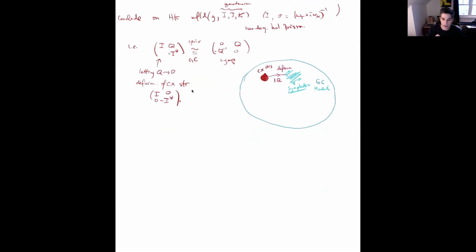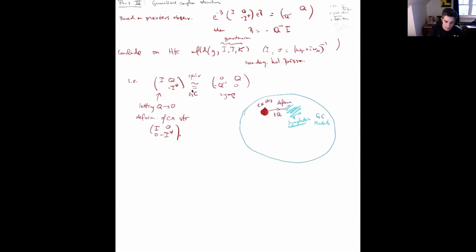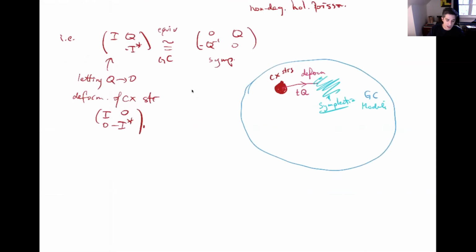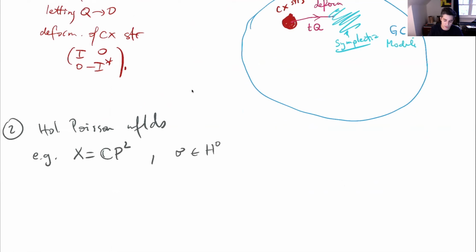And the second example that I want to give, so the first thing is about hyperkähler manifolds, but the second thing is about holomorphic Poisson manifolds. For example, suppose that we took a complex surface, CP2, and suppose that we chose a holomorphic Poisson structure.